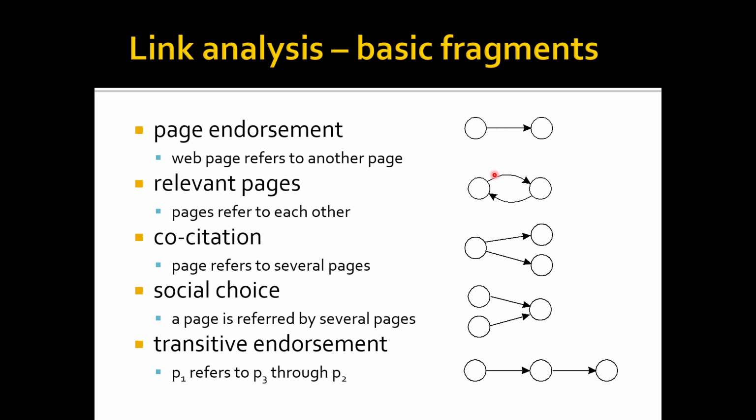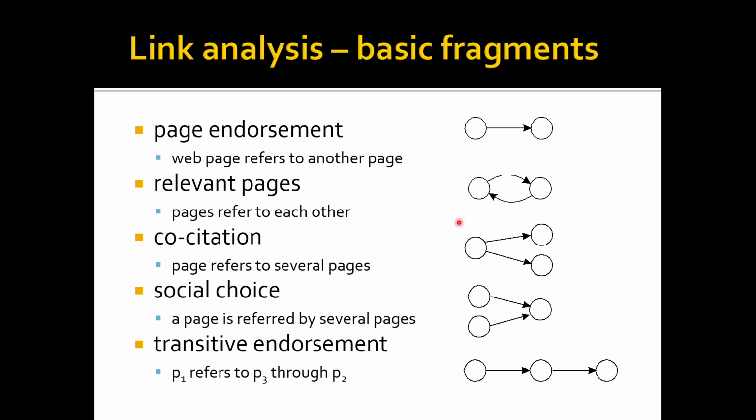And mutual endorsement is called relevant pages. So if we have one page endorsing the other and the other endorsing the first one, we have relevant pages, and they are kind of symmetrical because they refer to each other, so they should be on a similar level of importance and also semantics maybe. But we know nothing about the content of the nodes. We just now look at the edges, at the topology.